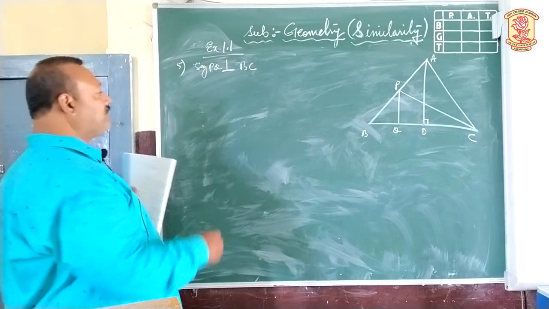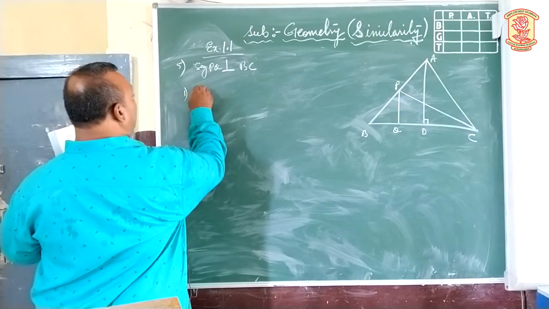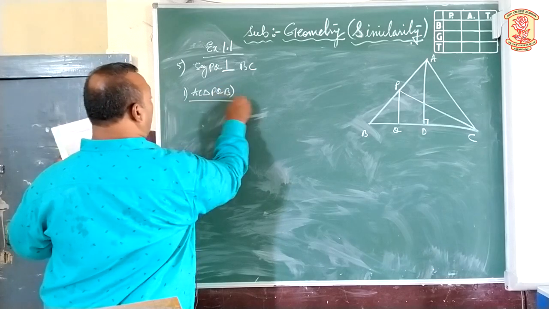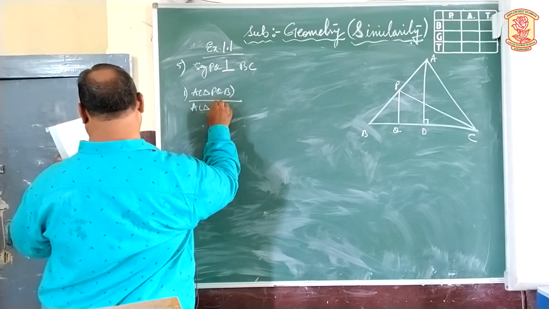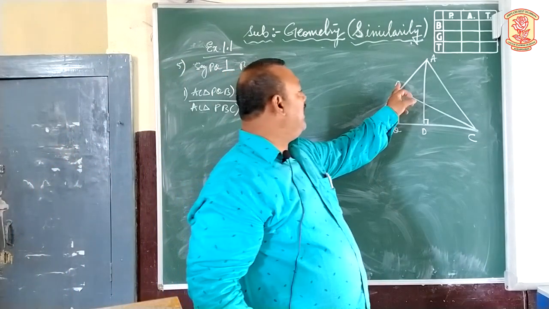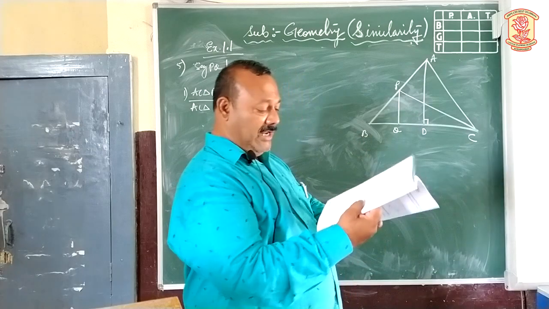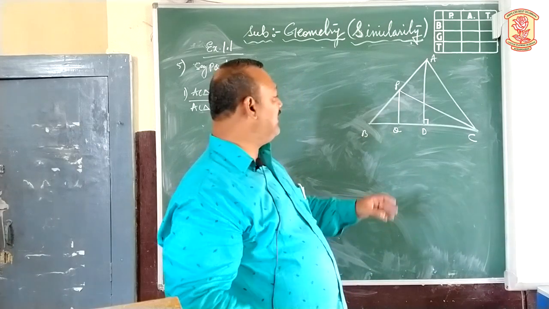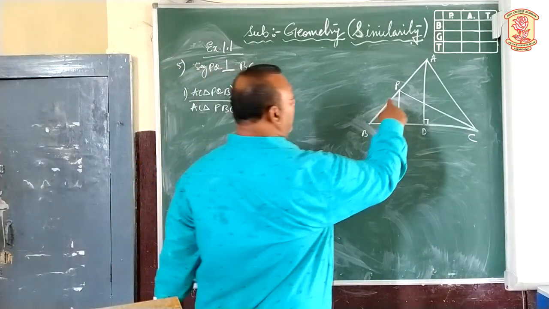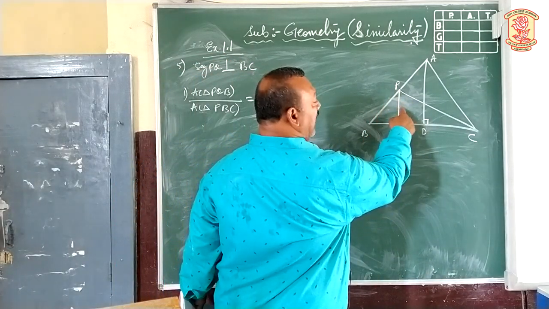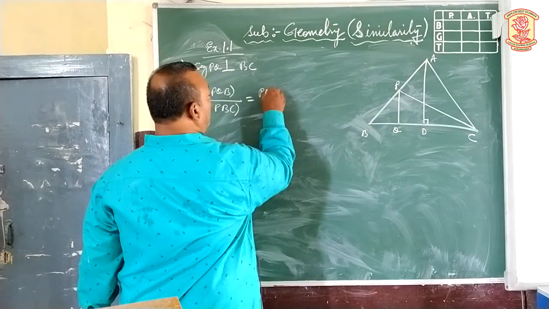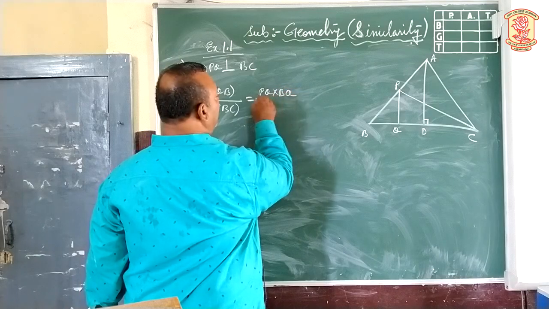The first one: area of triangle PQB upon area of triangle PBC. In PQB, altitude PQ, base BQ, so PQ into BQ.